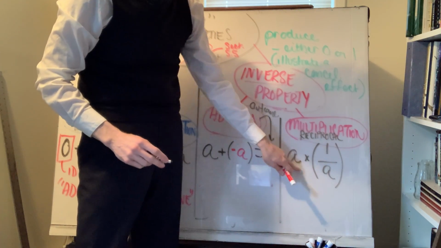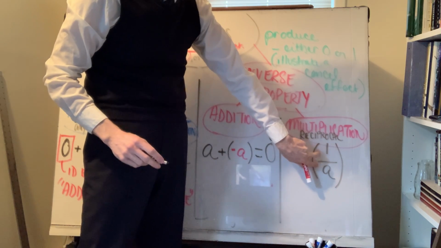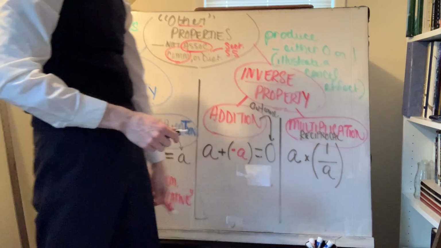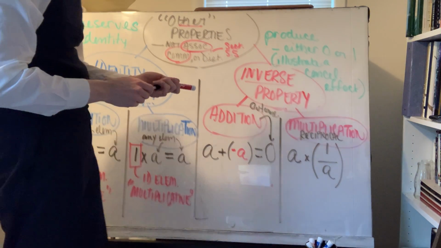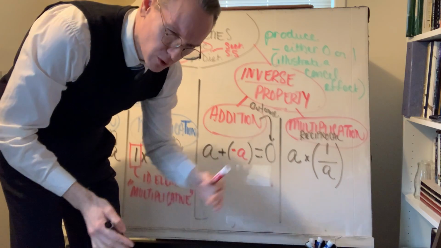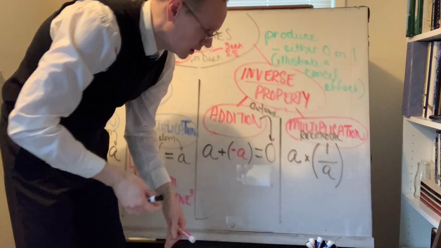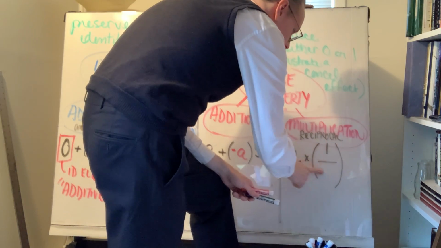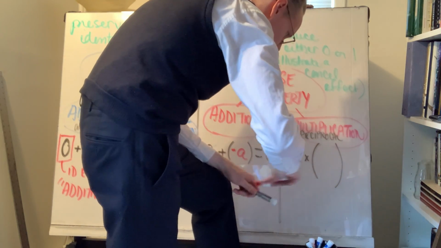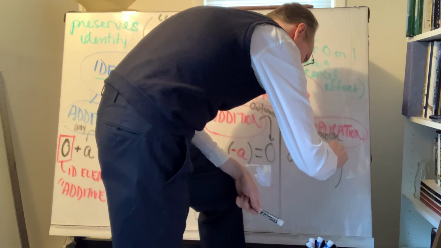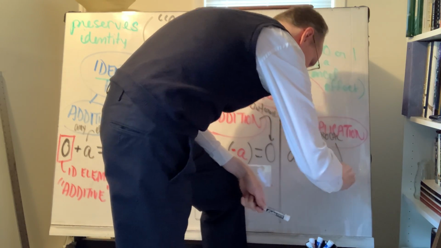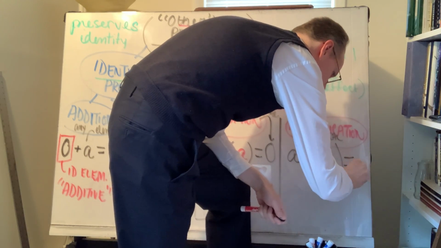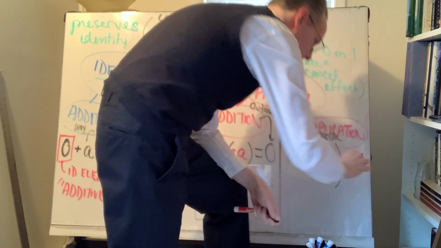So if this was a over 1, you could write it in the style of an obvious fraction, in which case it would be 1 over something, 1 over a, right? What is the effect here? Again, it's sort of a cancellation effect, all right? Something times its reciprocal, all right? Maybe I'll put this in red, just to be consistent here. All right, is equal to what? All right, it's equal to 1, right?